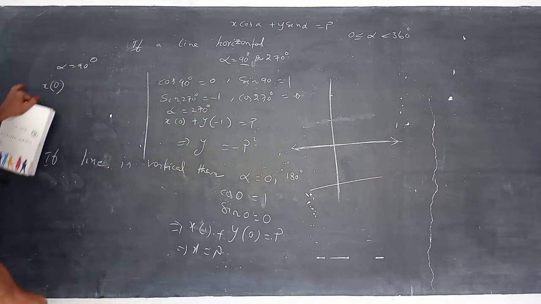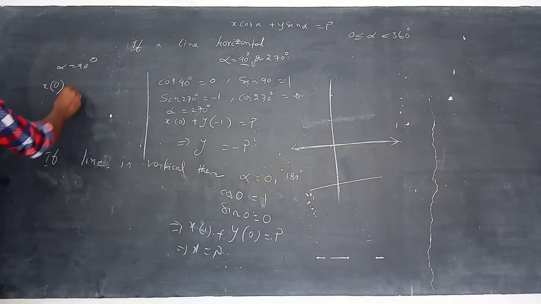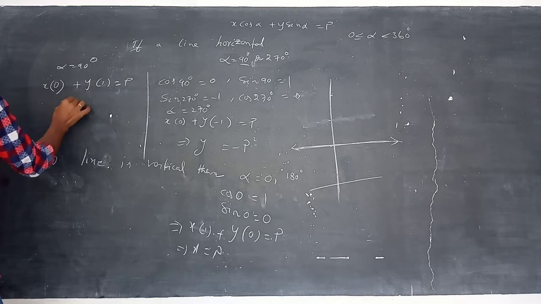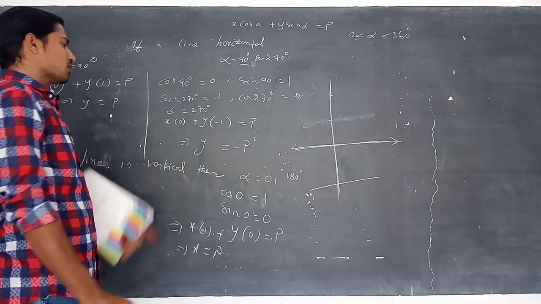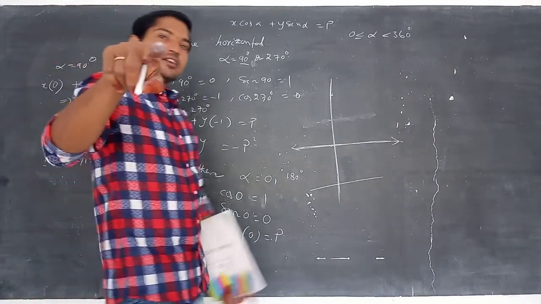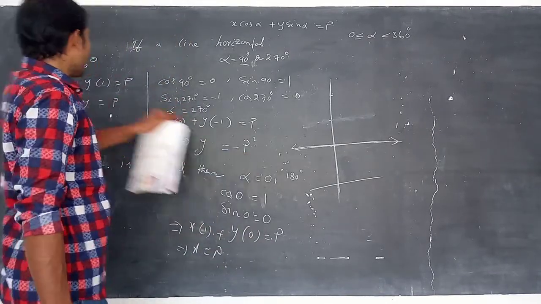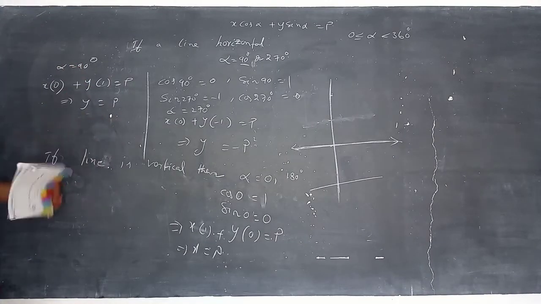Don't get confused. Cos 90 is 0 plus y into sin 90, sin 90 is 1, which is equal to p. That implies y is equal to p. When alpha is equal to 270 degrees, then y is equal to minus p. When alpha is equal to 90 degrees, then y is equal to p.